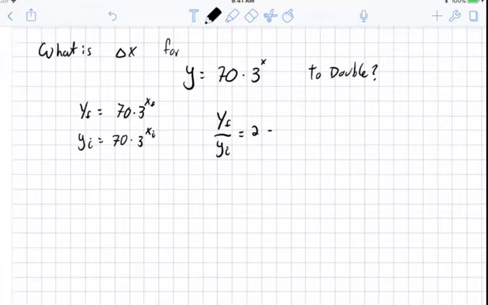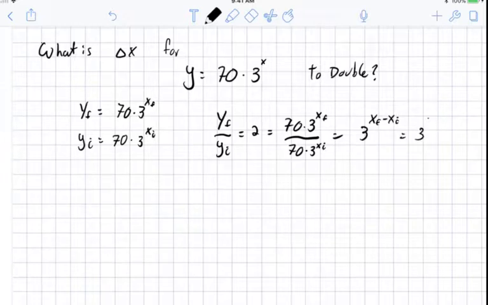So that's 70 times 3 to the x final over 70 times 3 to the x initial, which equals 3 to the x final minus x initial, and that's my delta x. And before you go on, you should be saying, hey, why is it double? Shouldn't it be tripling? I don't know.